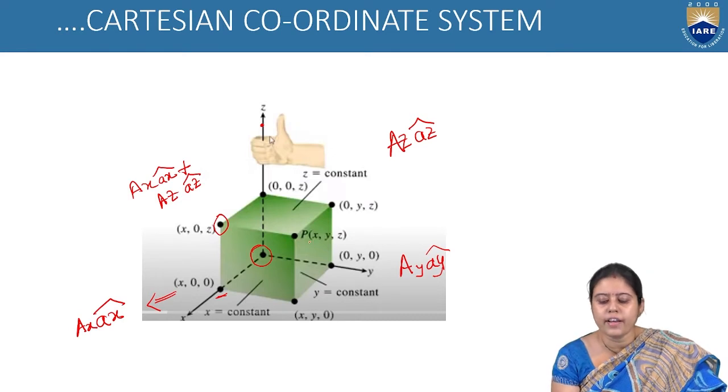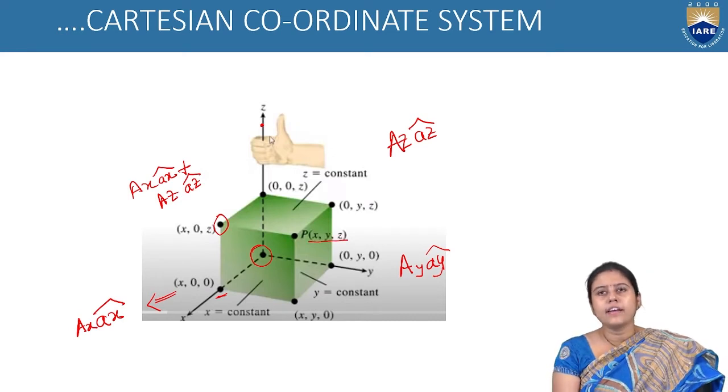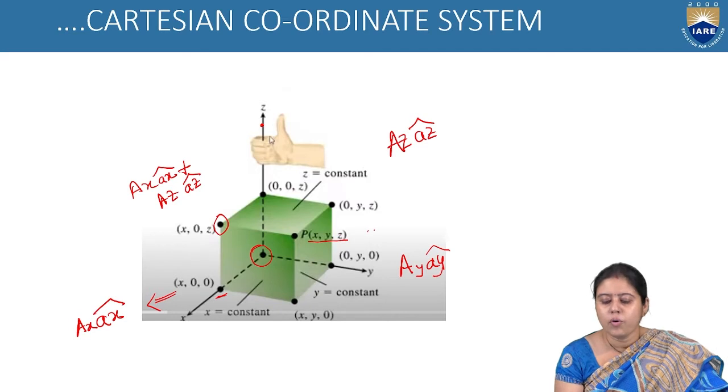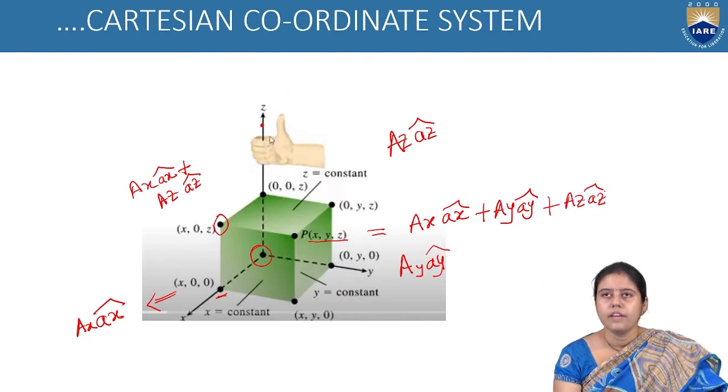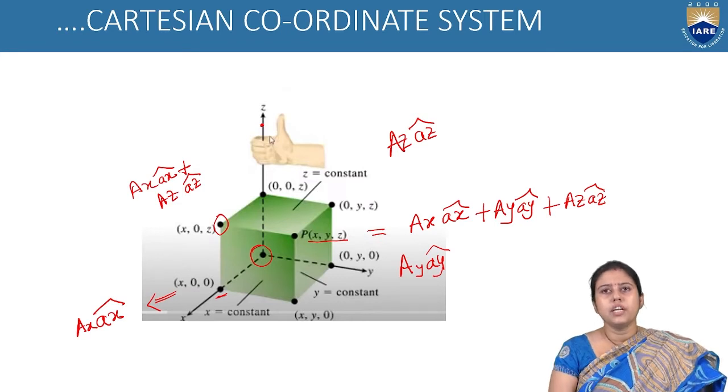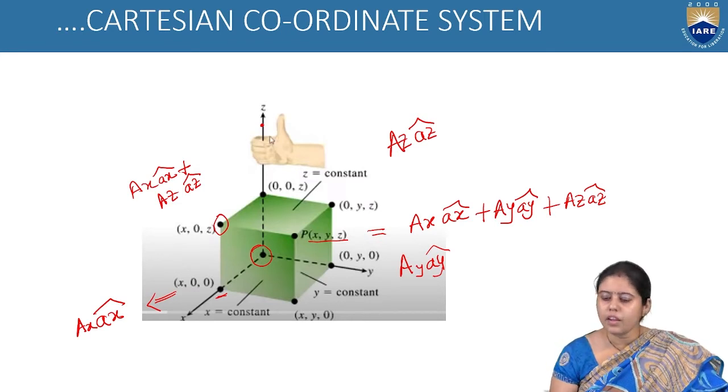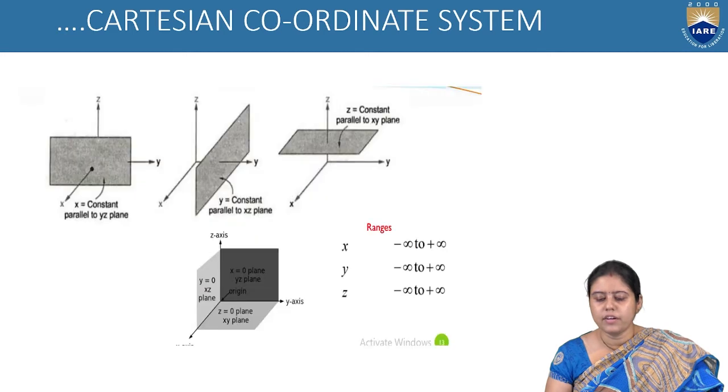If a point has all three coordinates x, y and z, its position vector will be x ax plus y ay plus z az. This is the Cartesian coordinate system.